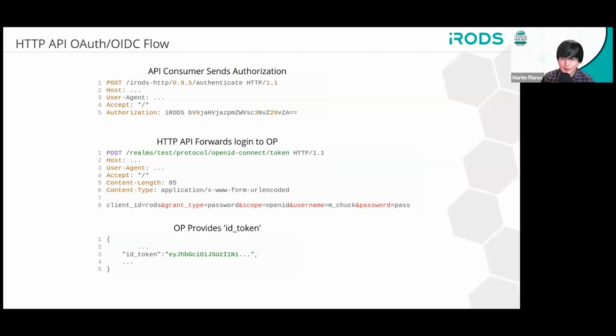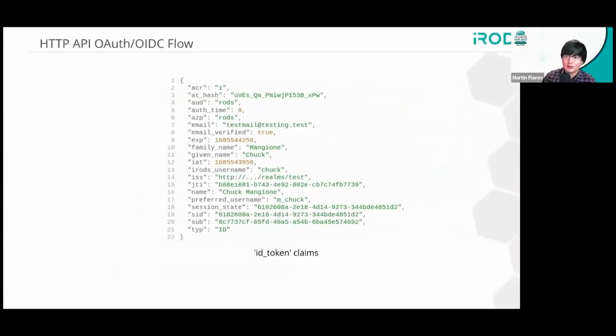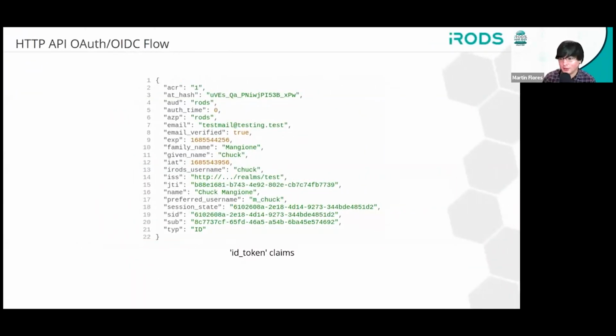You can see an example of that in the middle. And if the authentication was successful and everything runs well, the HTTP API will receive, among other things, an ID token, which is a JWT. And if you were to decode that JSON Web Token, you would then see something akin to this.